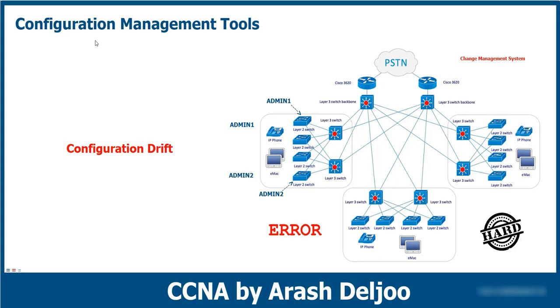But we don't have this information in the change management system, and this means that with per device configuration, finally we will have configuration drift between our devices and the change management system.